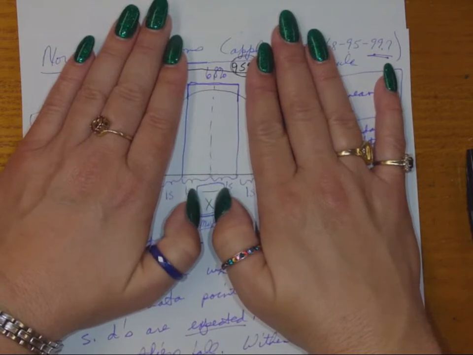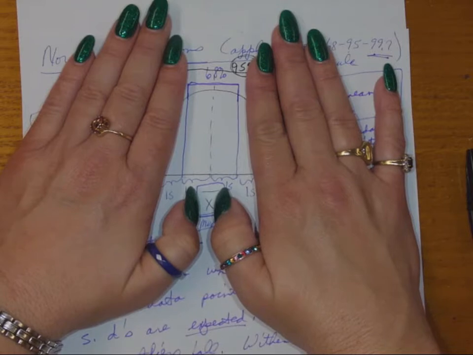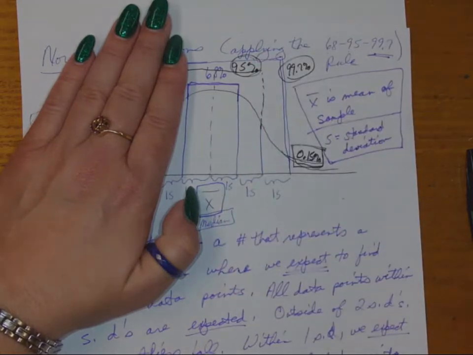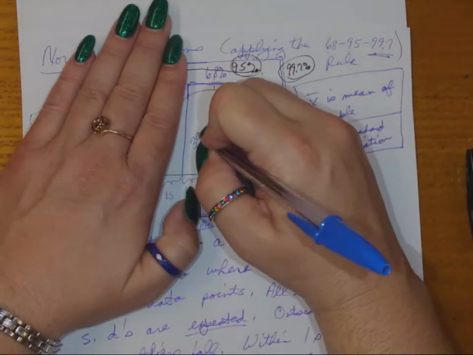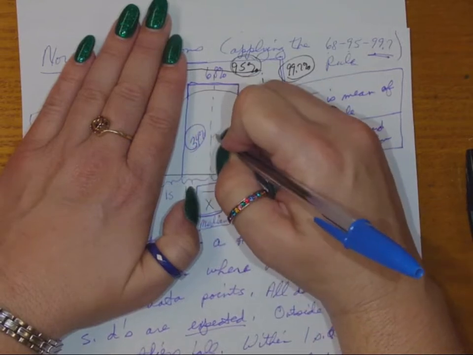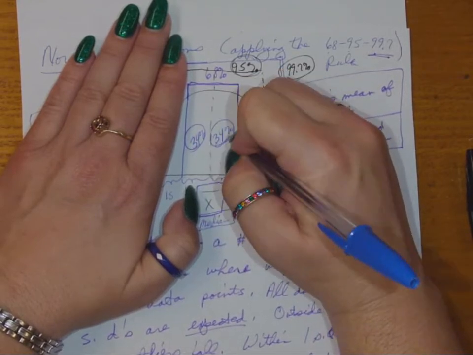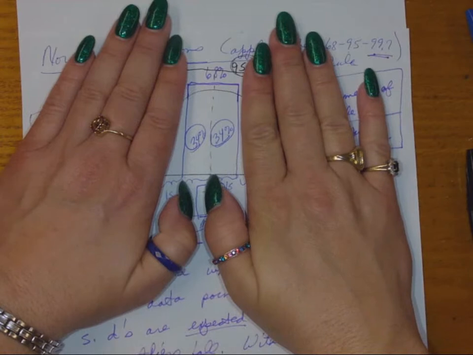They're the same area. So how would I get the percentage for each of those bars? There's 2 bars. 68% divided by 2, right? Well, 68 divided by 2 is 34%. So I've got 34% of my data and 34% of my data. Okay.